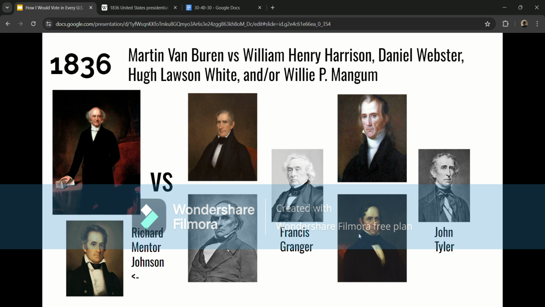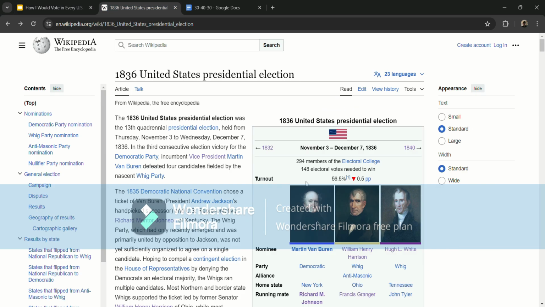And then we have another southern senator, Willie Person Mangum, who was senator from South Carolina and was only on the ballot in that state. And Hugh Lawson White was on the ballot in every single southern state besides South Carolina. And their running mate was John Tyler, who was a southerner from Virginia.